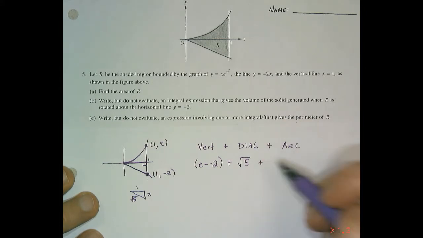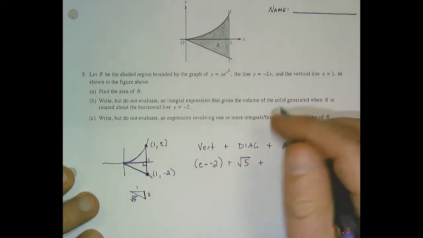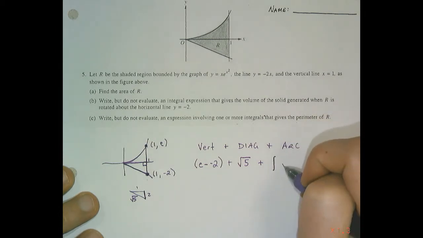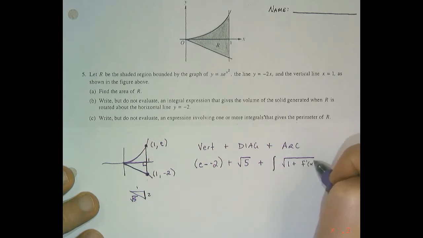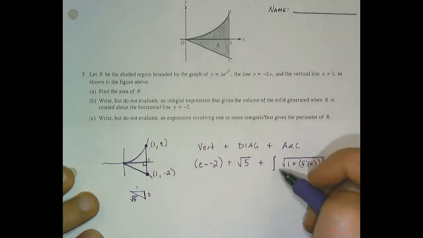And finally, this is a curve, so we can't use geometry, we need to use calculus. The formula for arc length in calculus was the integral of the square root of 1 plus f prime of x squared dx, going from x equals 0 to x equals 1.